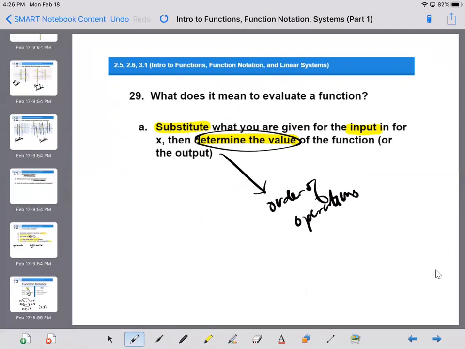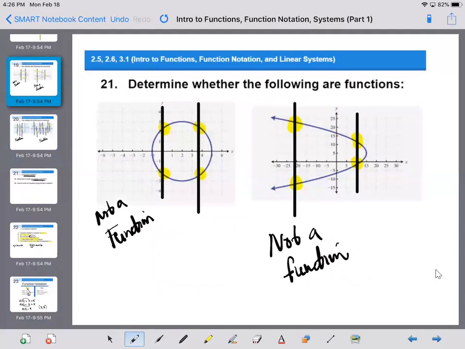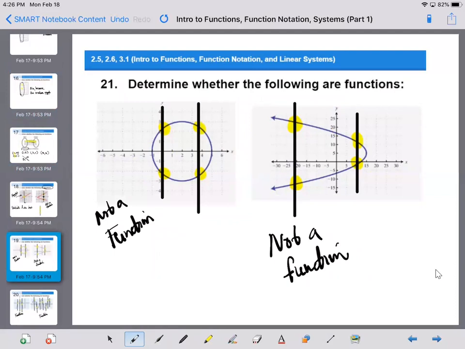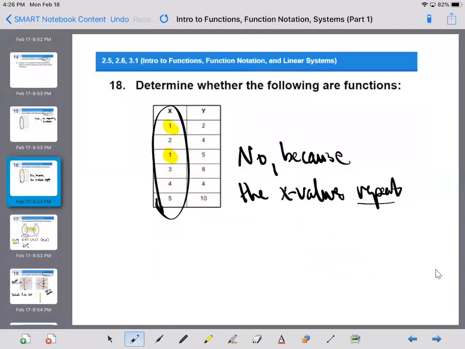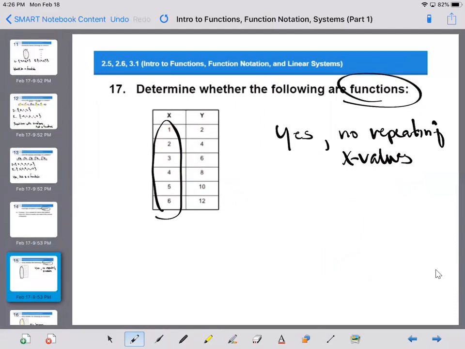And then we looked at what would constitute a function when we would use the vertical line test. If it only hits once on the graph, then we know it's a function. If it actually hit twice on the vertical line test, then we know it would not be a function. And if the x values repeat, we knew it wouldn't be a function, but if the x values did not repeat, then it would be a function.